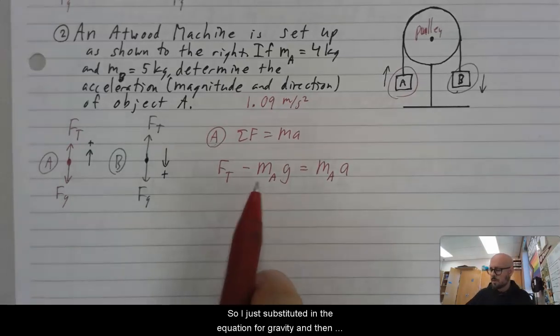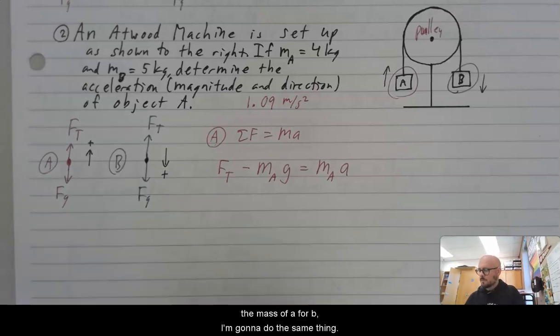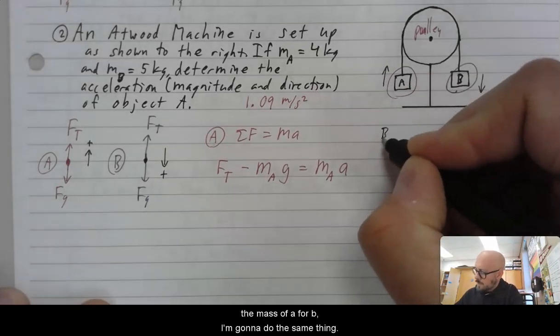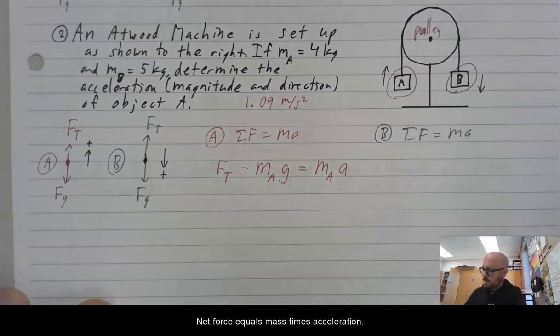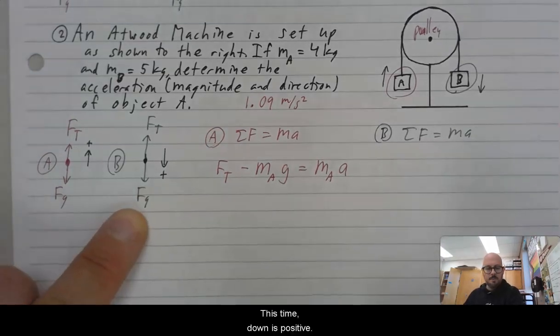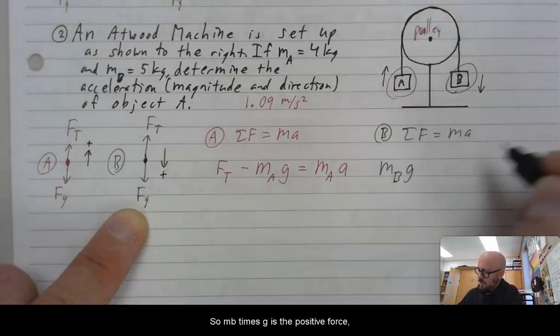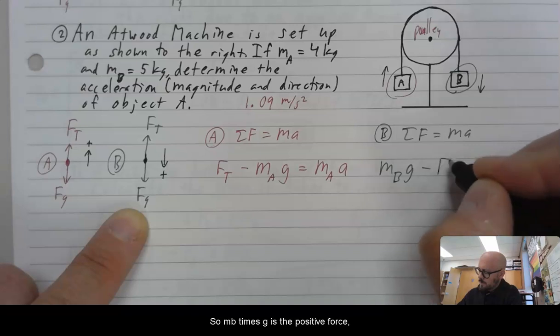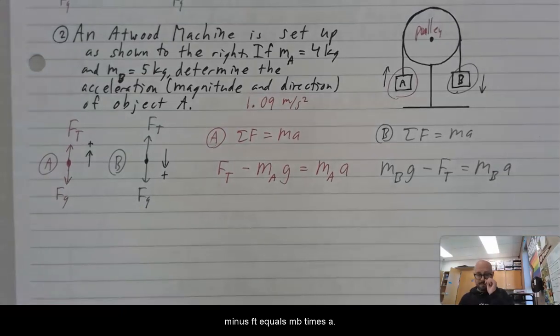So I just substituted in the equation for gravity and then the mass of A. For B, I'm going to do the same thing. Net force equals mass times acceleration. This time down is positive. So MB times g is the positive force minus FT equals MB times A.